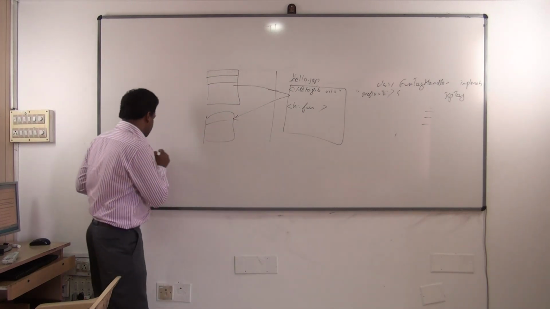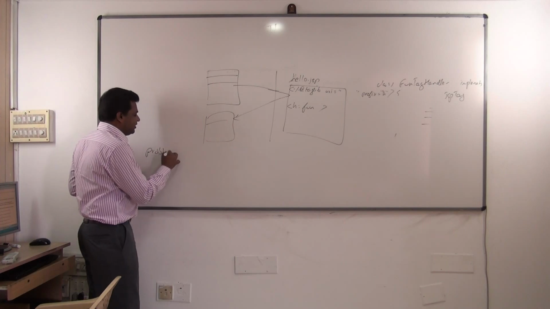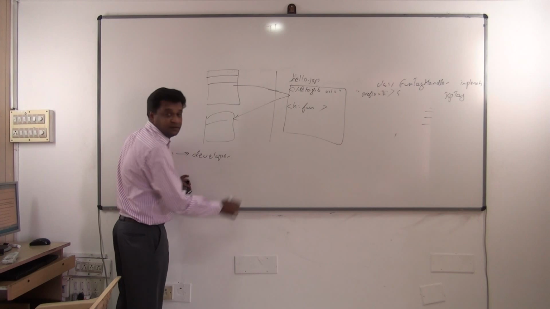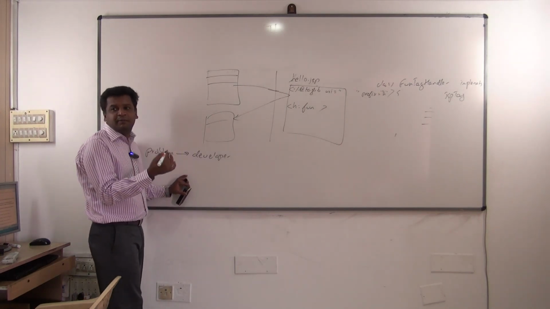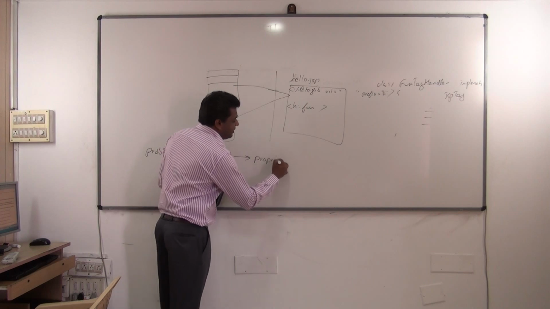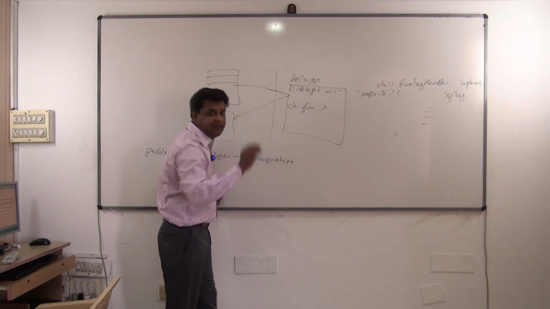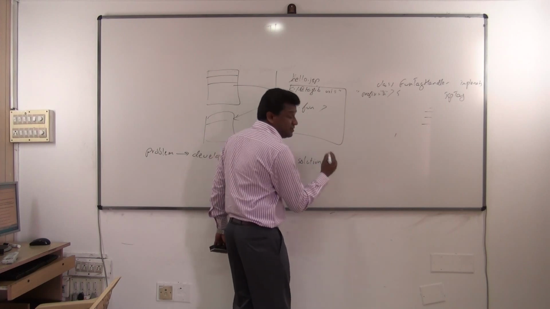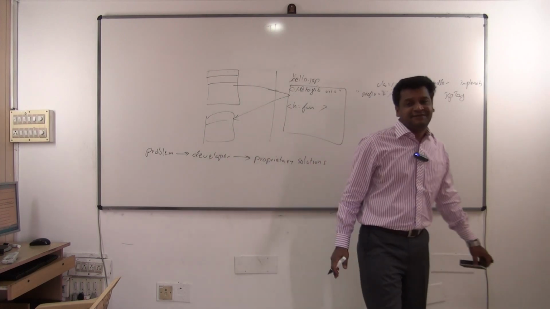So remember this route now. Problem. First the solution will be given by whom? The developer. You should remember this. The first solution will be tried by the developer. After that it will become a proprietary solution. Like here also, so many proprietary tags came. Then Sun will step in and set a specification.